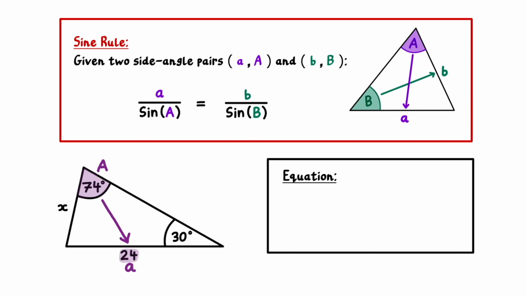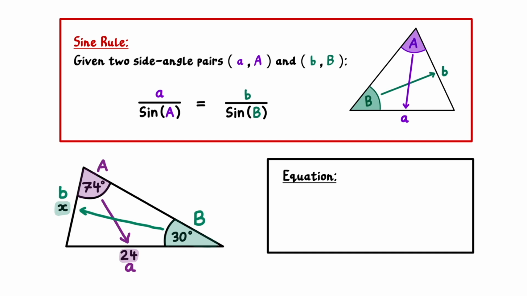There's also another side angle pair labelled, the angle of 30 degrees and the side of x. Remember, the angles should always be labelled with capital letters and the sides with lowercase letters, so here let's label the angle with capital B and the side with lowercase b.